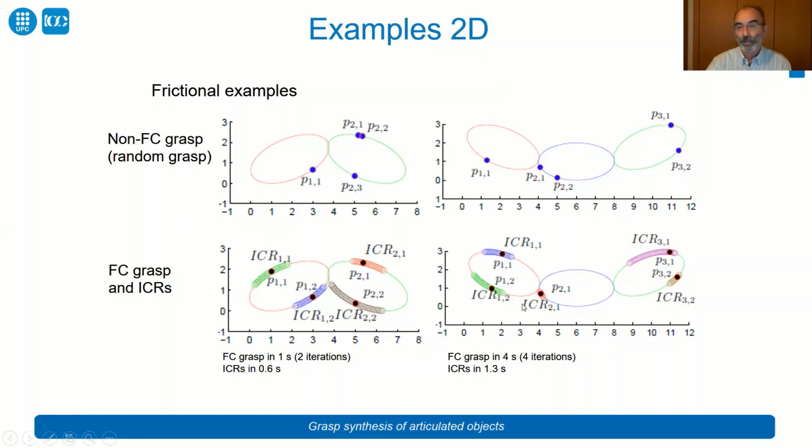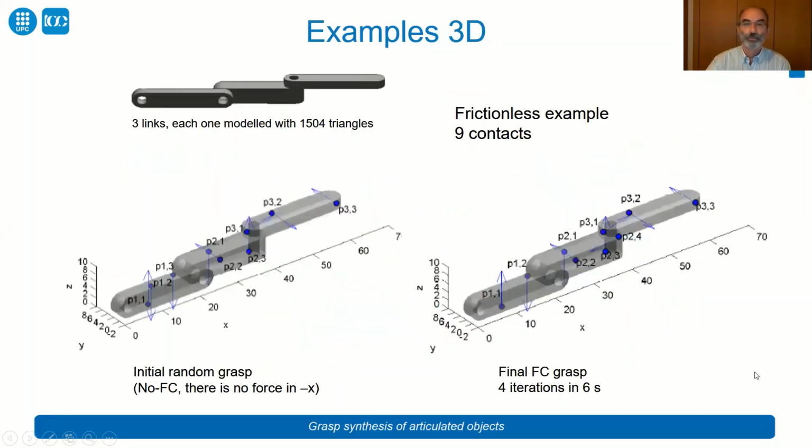And this is another example with 3 links. But this is the same idea. Let's go now to 3D examples. This is a simple 3-link object modeled with 1,500 triangles, and we look for frictionless grasps with 9 contacts.